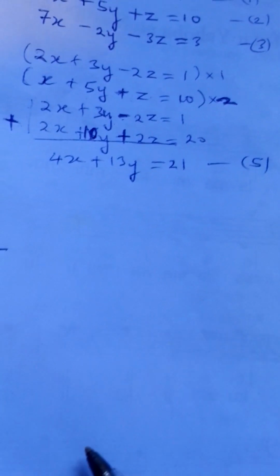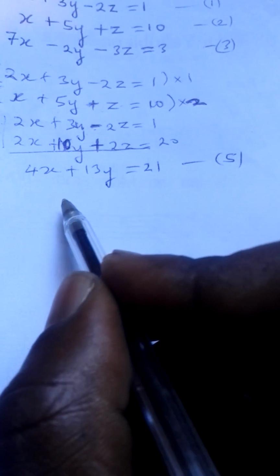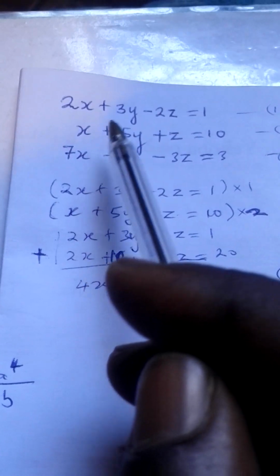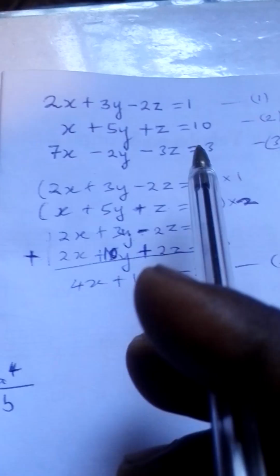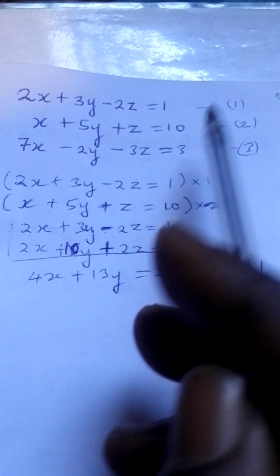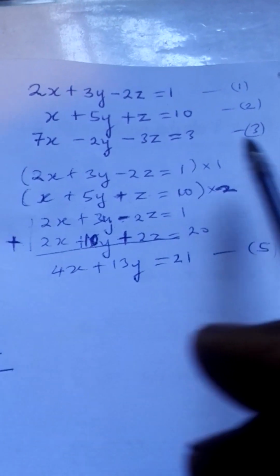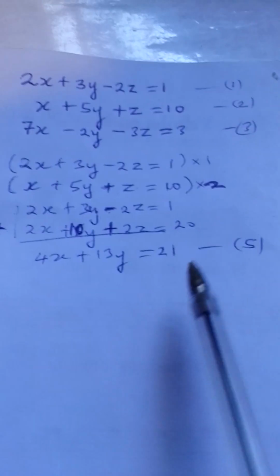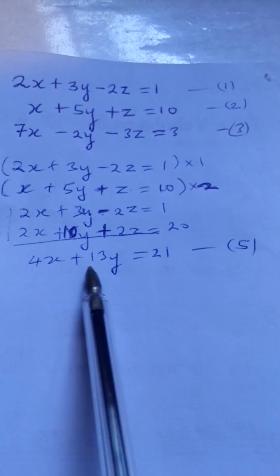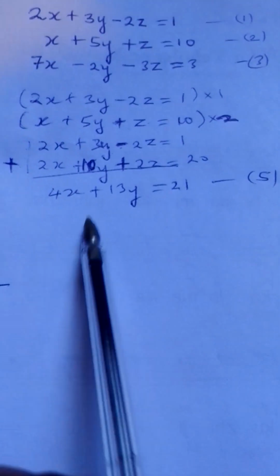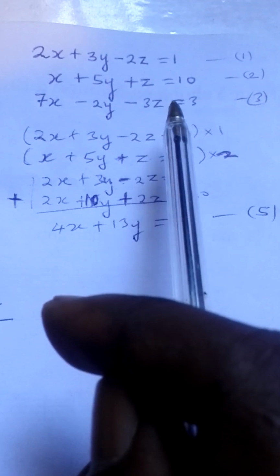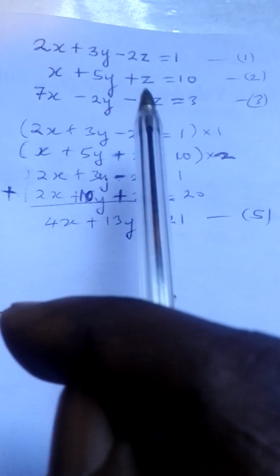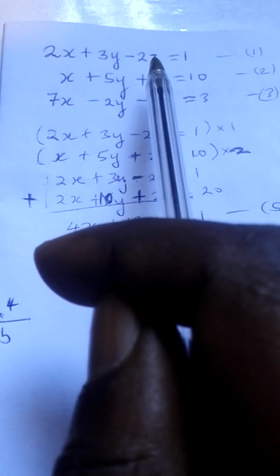Okay, so from here we're going to have to go back to the original equations. There are 3 equations actually, equations 1, 2, and 3. So we used equation 1 and 2. In order to find the next equation with two variables, we're going to have to use the other equation which we never used, and one of the equations that we used.